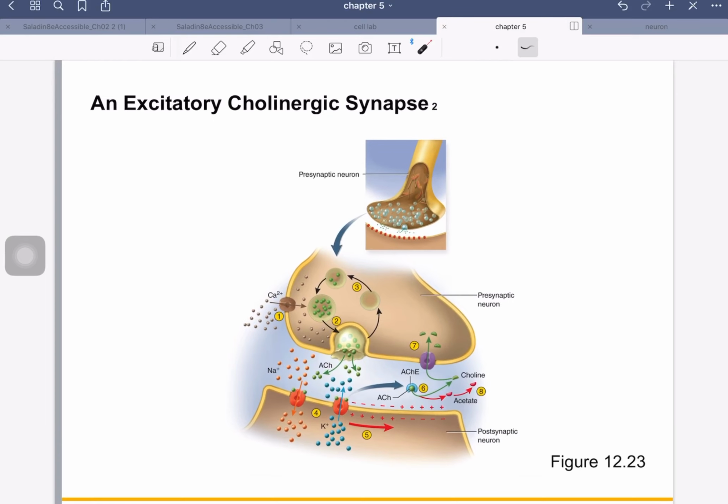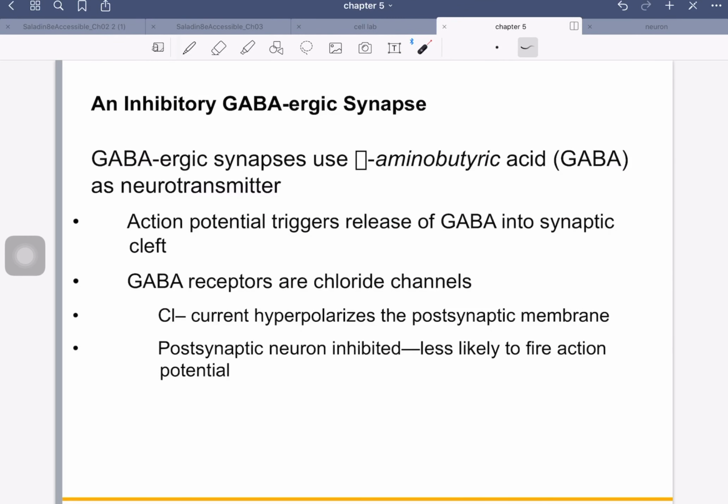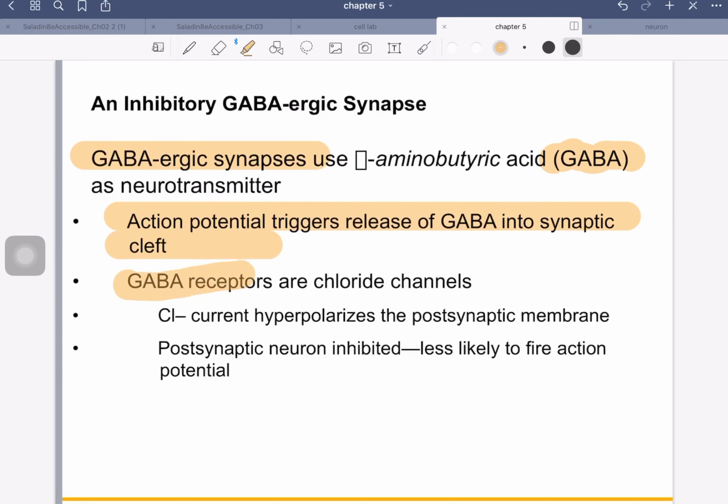to be rebuilt into a usable form. Now, let's have a look at GABAergic synapses. They use gamma-aminobutyric acid, shorthanded as GABA. Almost everyone calls it GABA, but you should know the full name. What happens here is the action potential triggers a release of GABA into the synaptic cleft. GABA receptors are chloride channels.